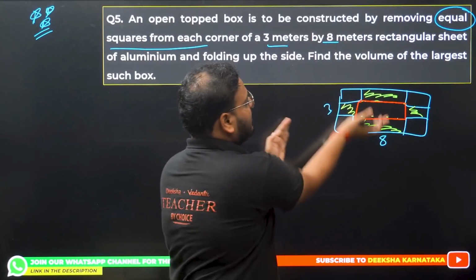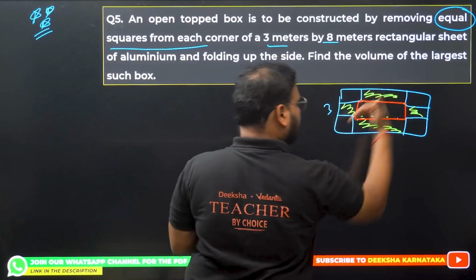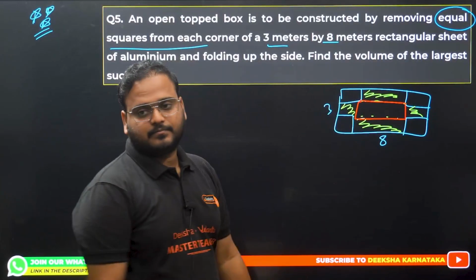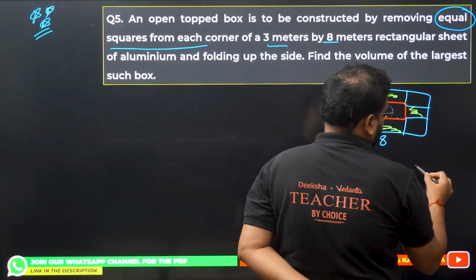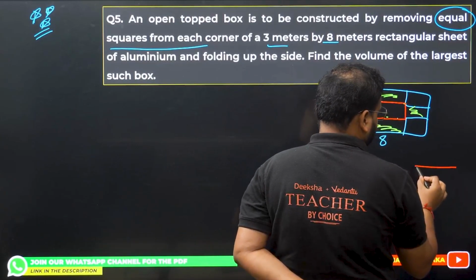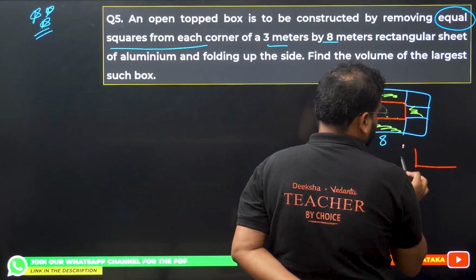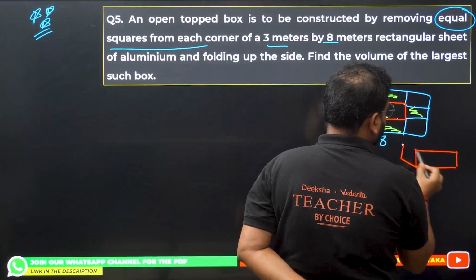And these things will become walls. This will come up on the left side, again come up, and then on the right side it will become a wall. So you'll have an open box like this.